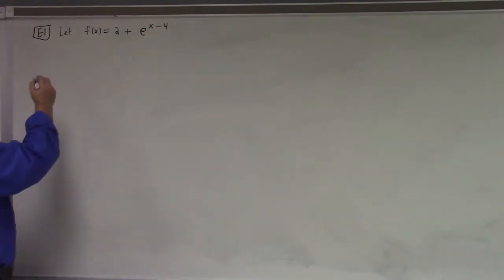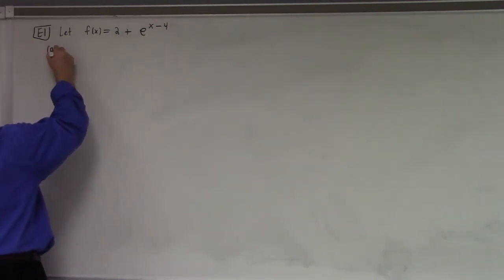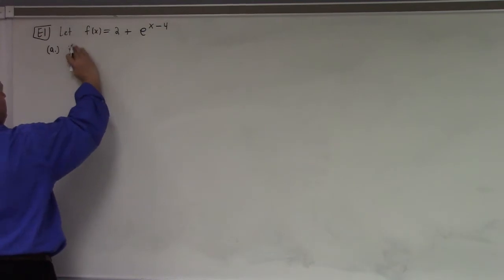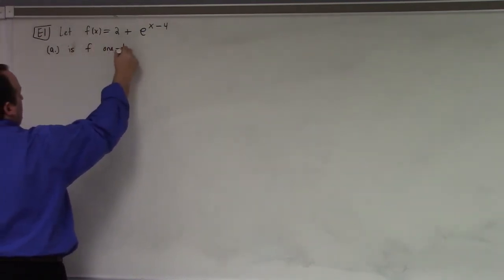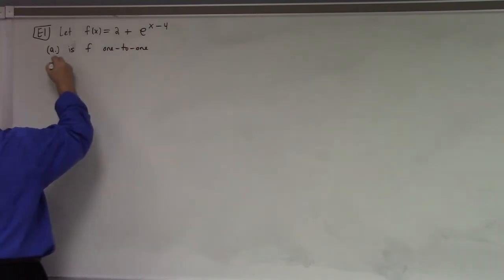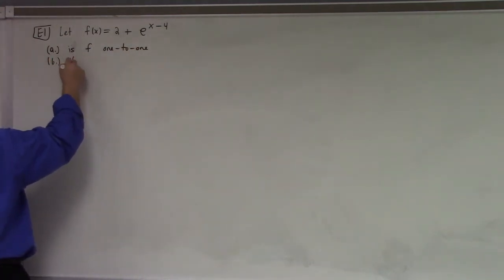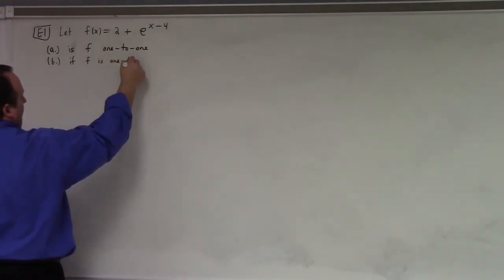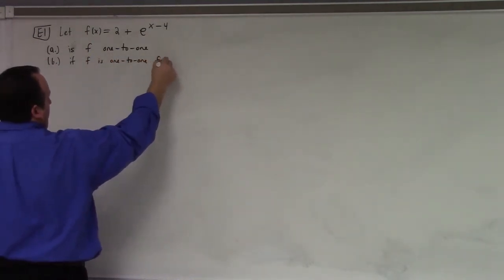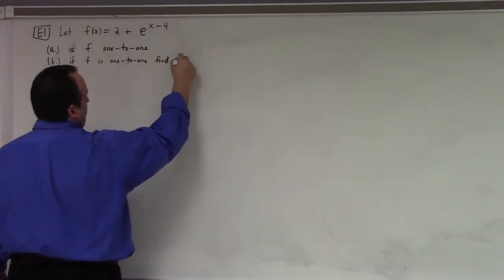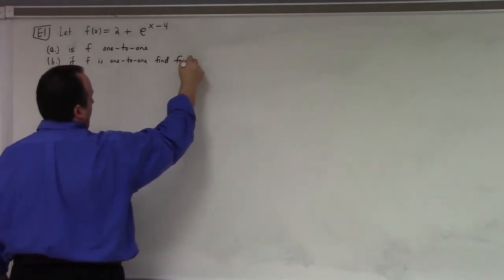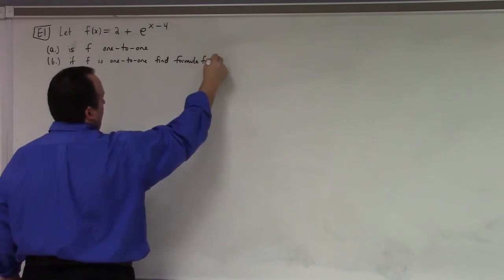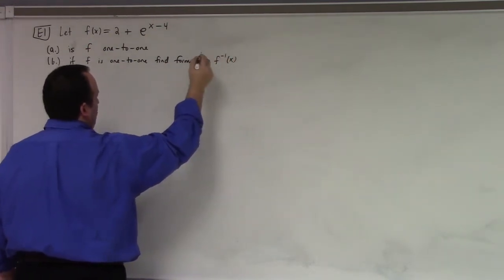So I have a couple of questions. A, is f one-to-one? All right, and then part B, if f is one-to-one, find a formula for the inverse function of x.